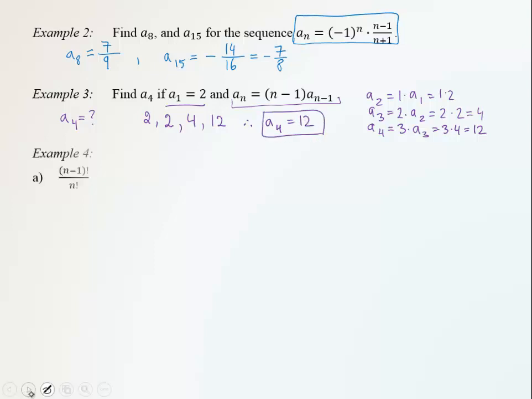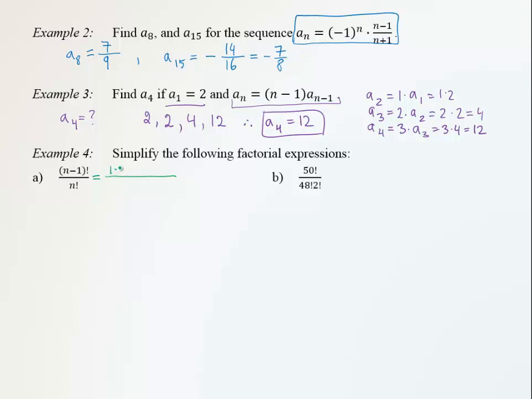Final answer. In this example, we would like to simplify expressions involving factorials. We can do it by hand. For example, n-1 factorial is a product of consecutive natural numbers starting from 1 and ending on n-1.